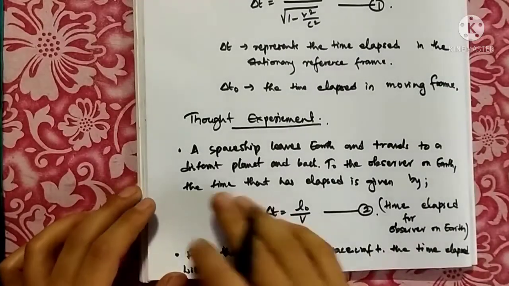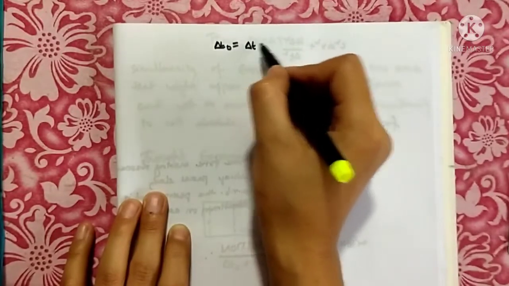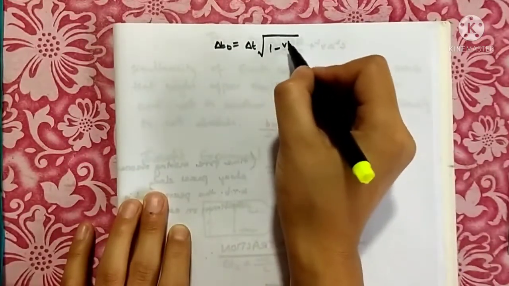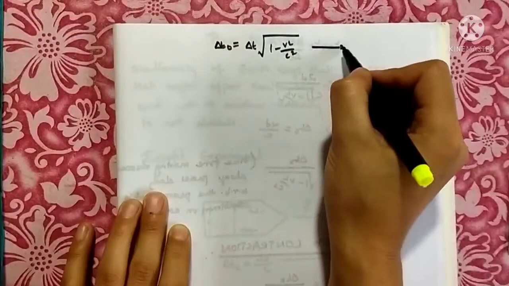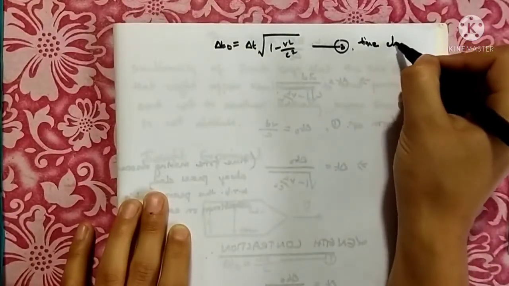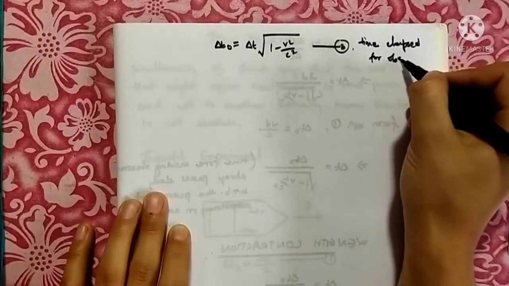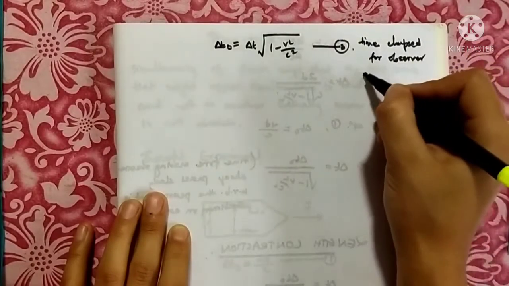Delta t naught is equal to delta t under root 1 minus v square by c square, equation number 3. This is the time elapsed for the observer on the spacecraft.